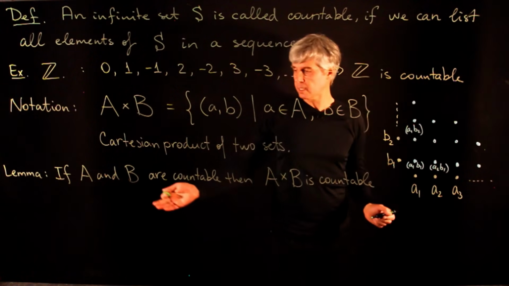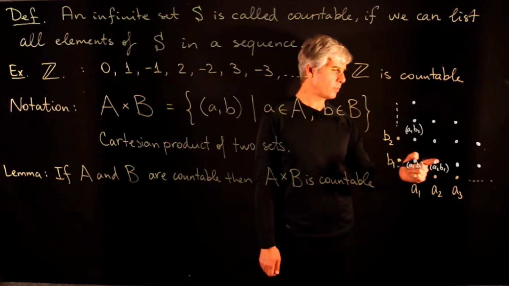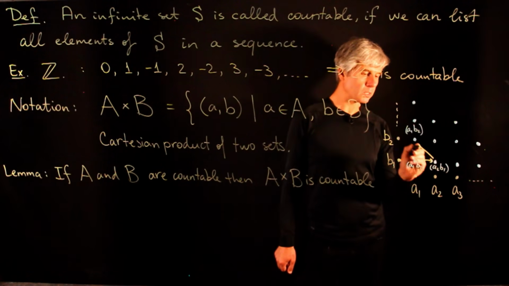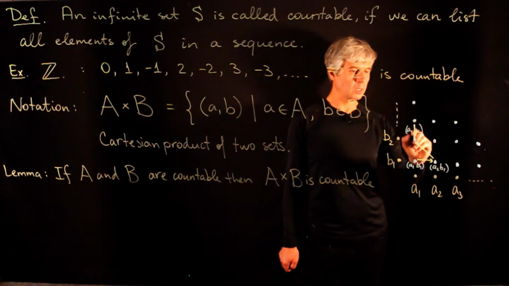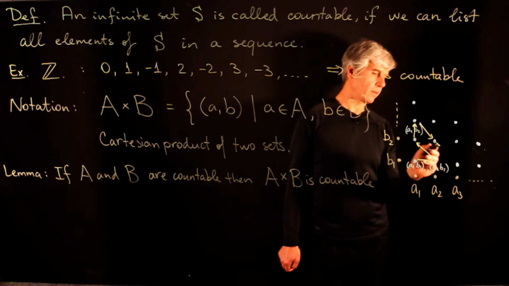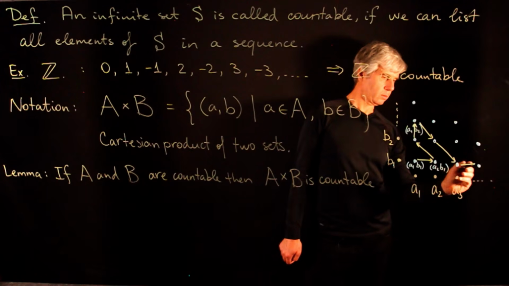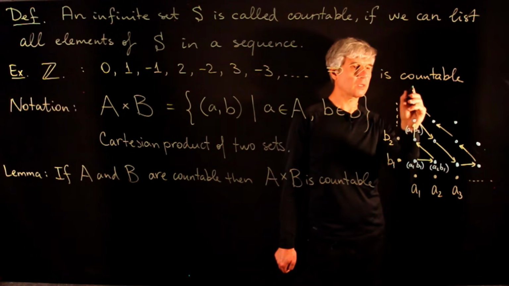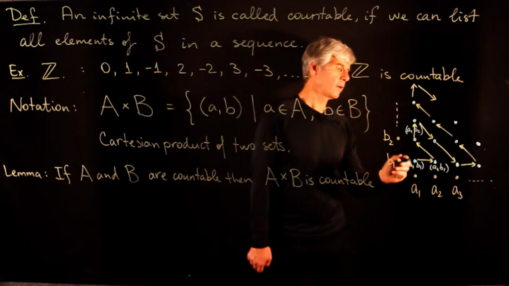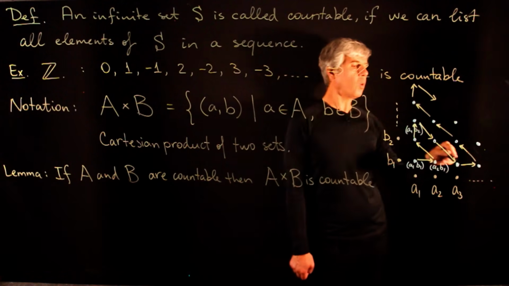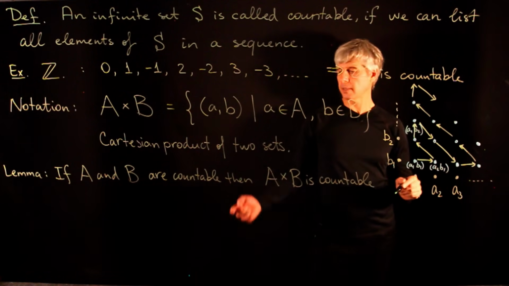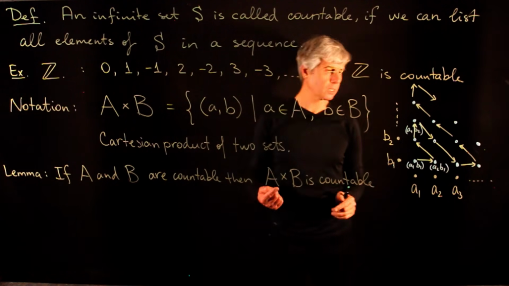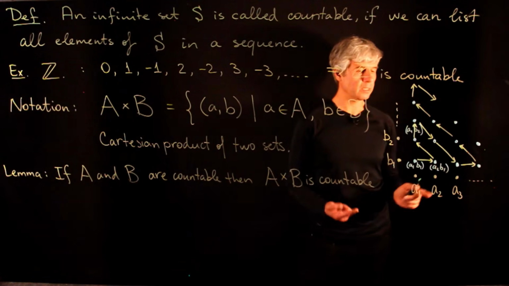And so on. What this lemma claims is that the number of these dots on the plane is countable. And indeed, we can arrange them in a sequence. If we do this sort of walk on this plane, right, if we just walk along pairs in this way, then we can list all pairs of this element of the Cartesian product in one sequence.